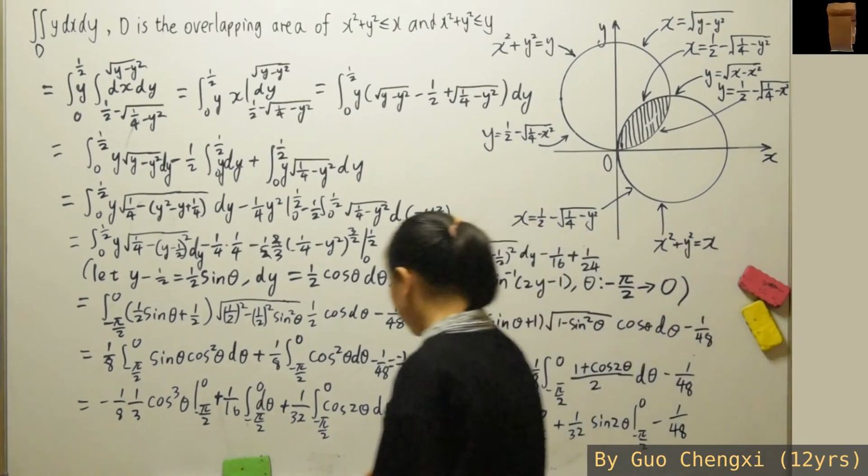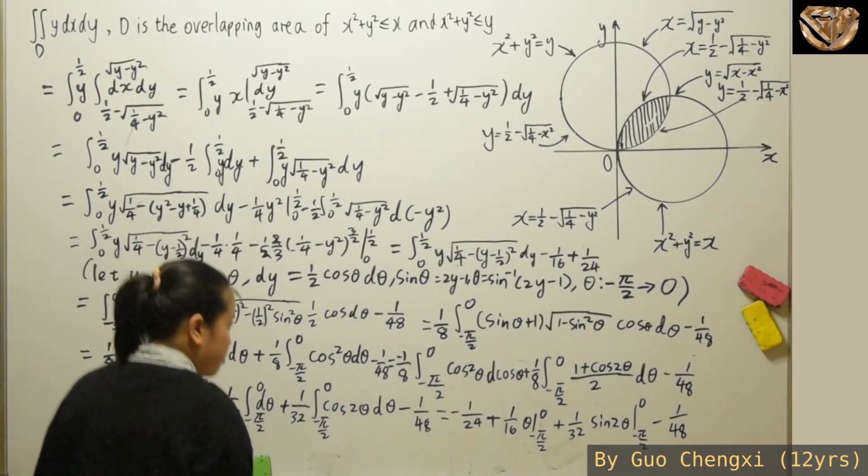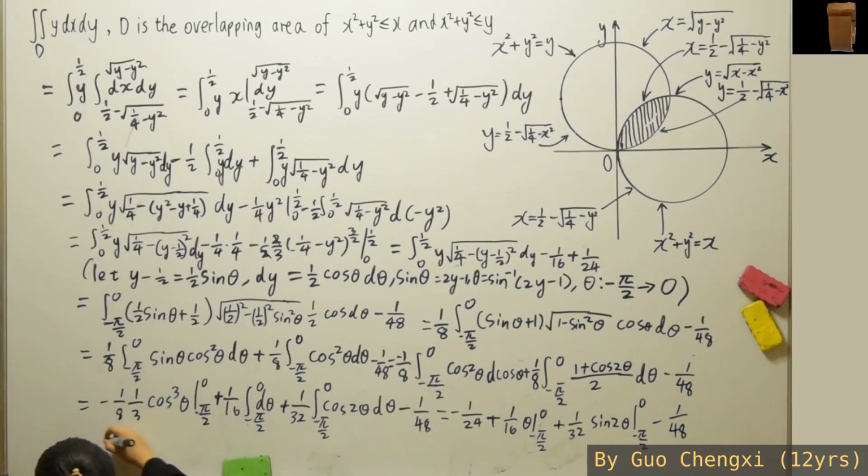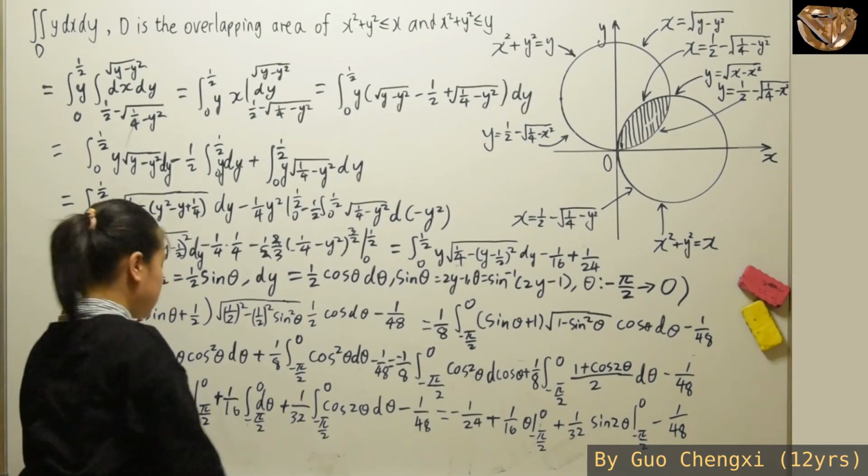Now that you have gotten this part, as you can see here, negative 1 over 48 and the 1 over 24 is basically negative 3 over 48. Wait, give me one sec. Oh, whoops.